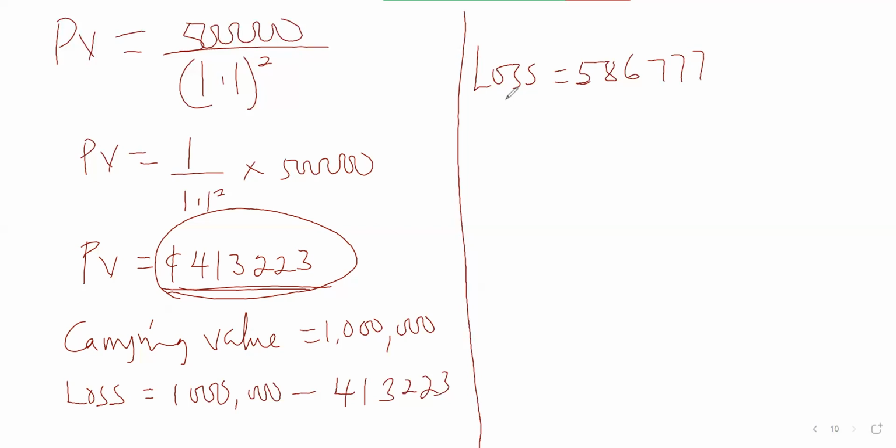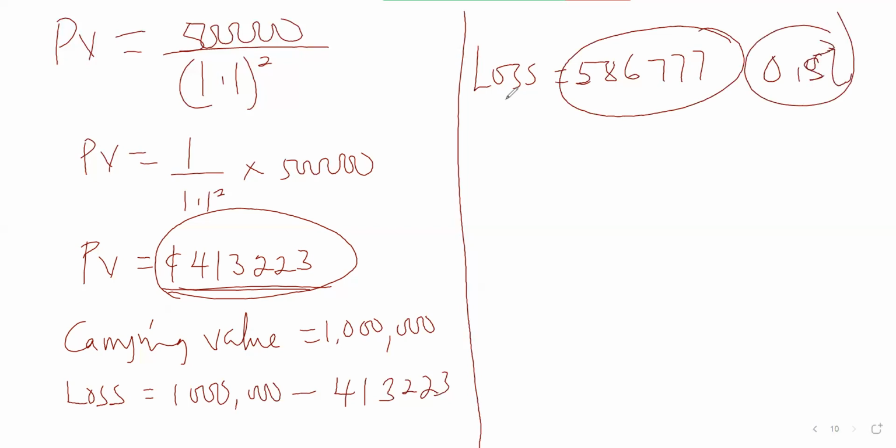Okay, they say that it is estimated that the probability of default on the bond within the next 12 months will be 0.05. So this is the expected loss, but only 0.05% of this is likely to happen.